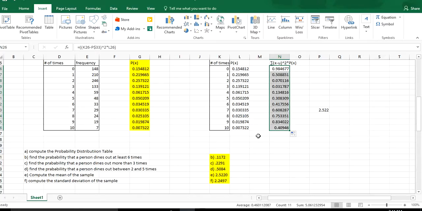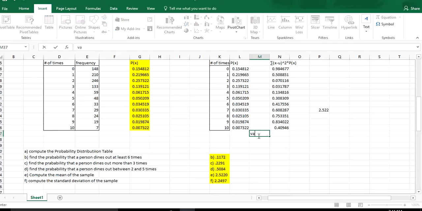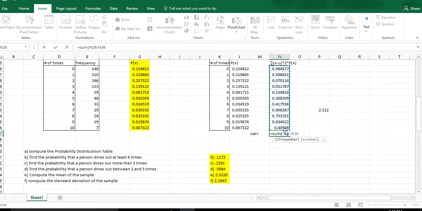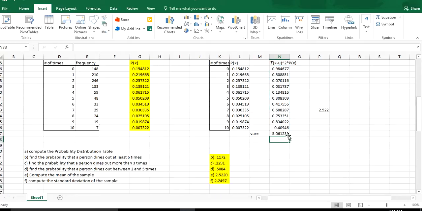All right. So now we're just going to add this up. So variance equals, all right, so this is our variance. Then for the standard deviation, remember we just got to square root it.